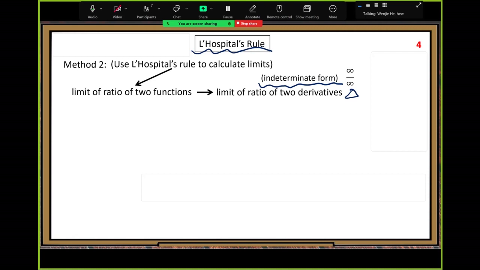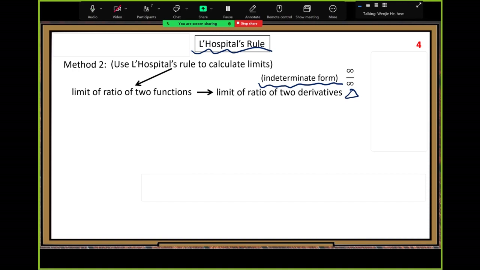Second, the ratio could be a constant. Third, the ratio could go to zero. There are many different possibilities. That's why we say indeterminate form, not determinate.